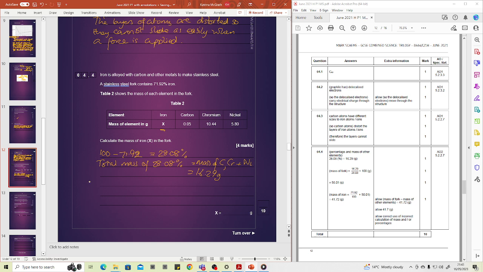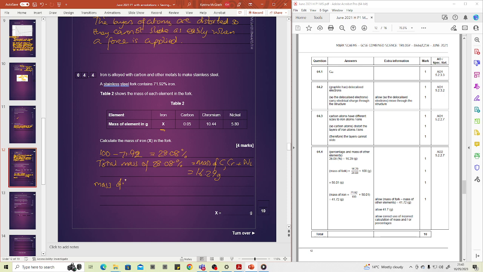So if you didn't have a calculator on you, you could still try and work it out by saying that 16.29 is 1% would be that divided by 28, but you're going to have your calculator with you in the exam. So we are just going to just say what the mass of the iron is.